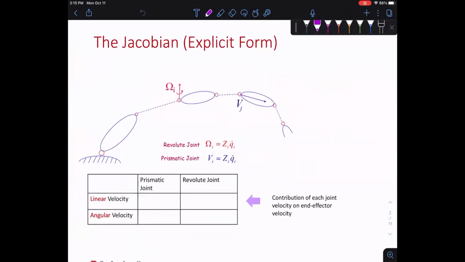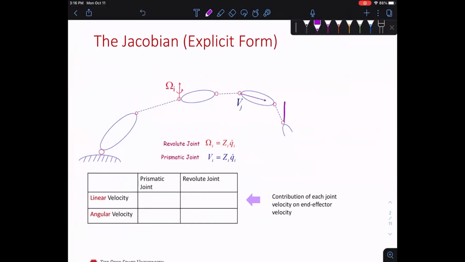All right. So let's say we are in frame i and we want to calculate the Jacobian in the end effector frame. This frame itself, if you put it in the last frame, could have a velocity and a rotation, right? Like angular velocity and linear velocity. So Vj.